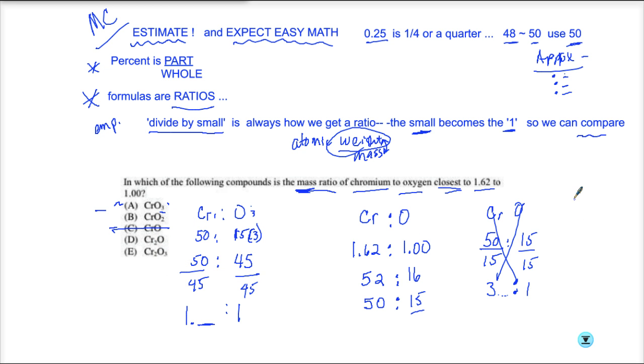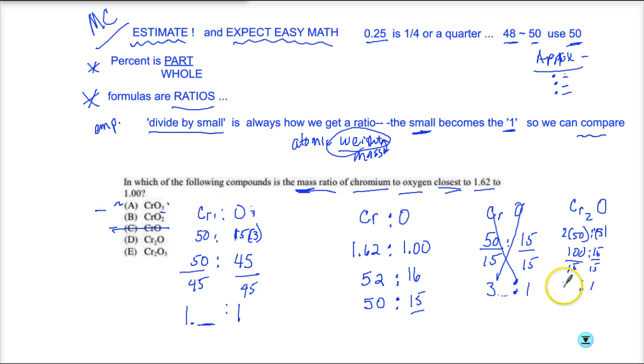If I go look at Cr2O, well, that means I've got 2 chromiums, so that's 2 at 50, so that's 100, to 1 oxygen that we said was 15. So that's 100 to 15. Well, 100 divided by 15 is a whole lot more than 1.